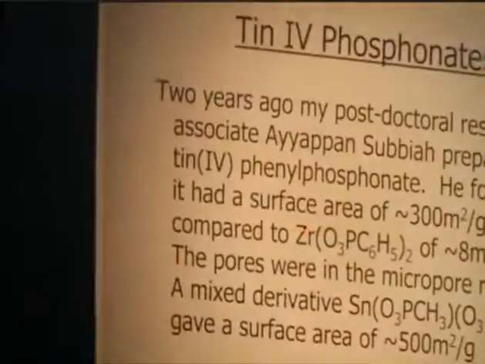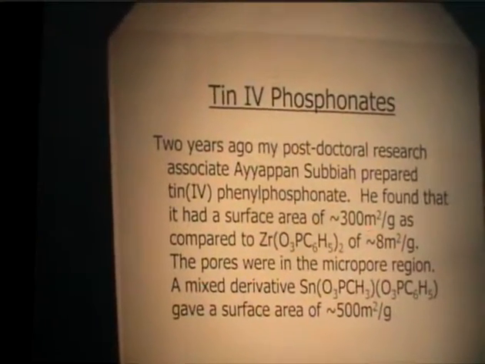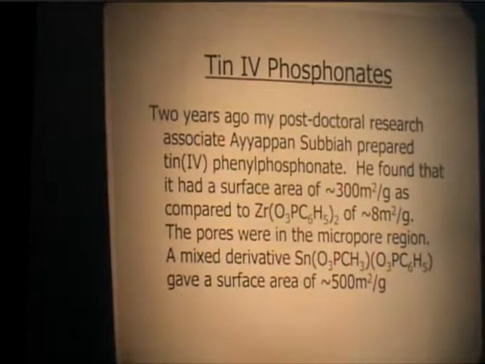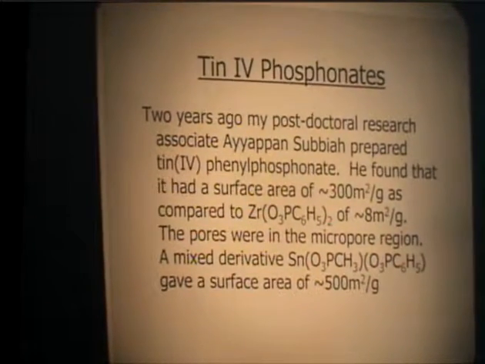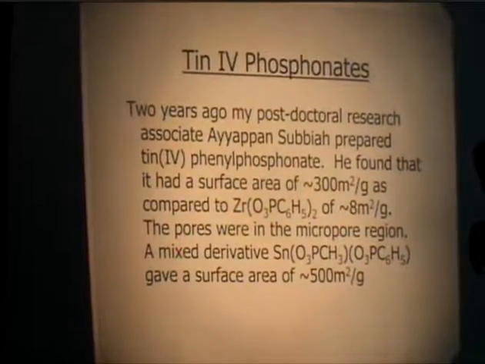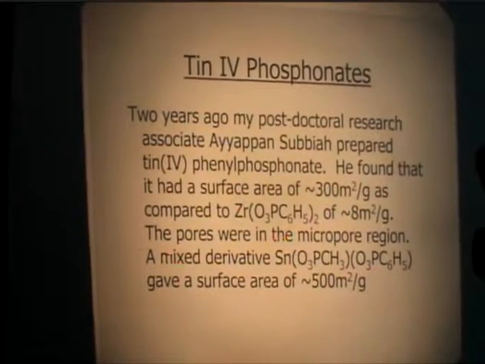So what he comes to me is he says, guess what? I don't know why he ran the surface area, but he did. He said he made the tin phenylphosphonate, which you saw was this layered compound with no pores in it, and it has a surface area of 300 square meters per gram. And I said, oh no, that can't be.